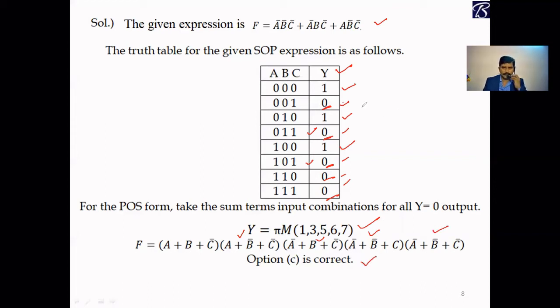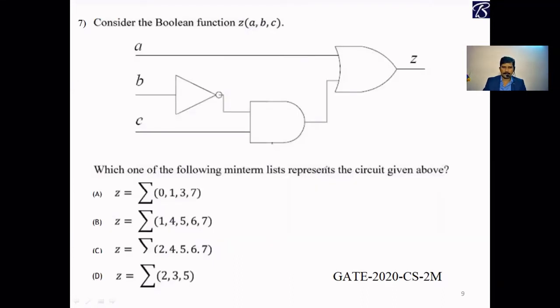As a conclusion, to write the expression for Y in terms of SOP, consider ones and write the min terms. The same output, if you want in POS form, then consider zeros at the output and write the max terms. That's all. Very easy.